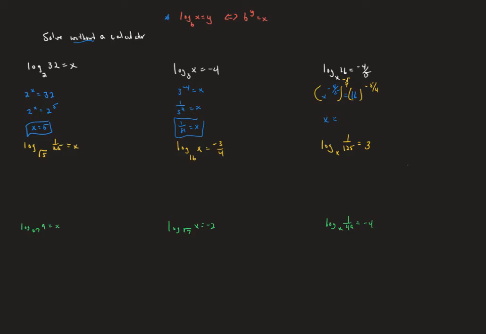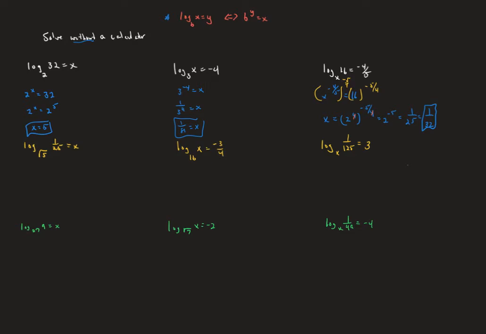However you want to solve this, I'm a believer in writing 16 as the power of the smallest thing that I can. So 2 to the 4th to the negative 5/4. When you raise a power to a power, we multiply exponents. The 4's are going to cancel, so we'll get 2 to the negative 5. The negative part of that exponent will make it into a fraction, and 2 to the 5th is 32. And so we're going to get x is 1 over 32.